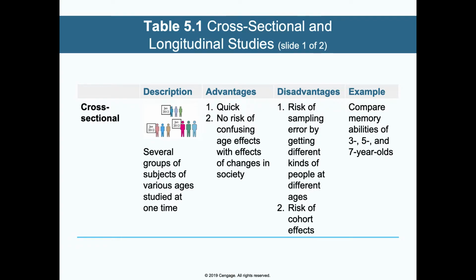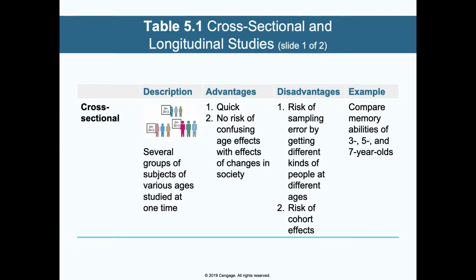But we're going to look at their memory abilities at one time, whether it's during a certain week or a certain month. In this example, it's January 2012, where we look at the 3-year-olds, the 5-year-olds, and the 7-year-olds. So different groups, but at the same time.